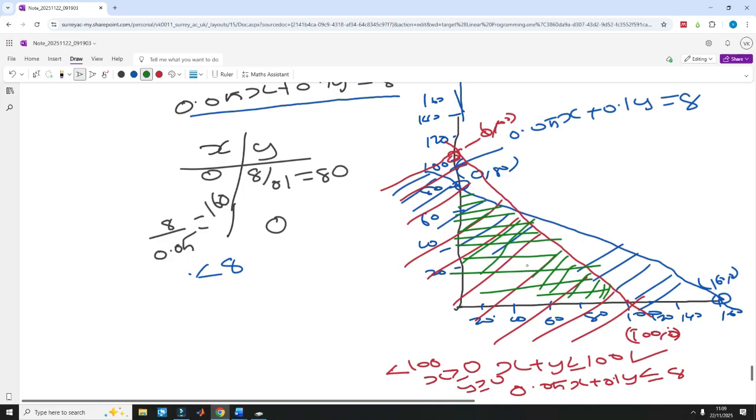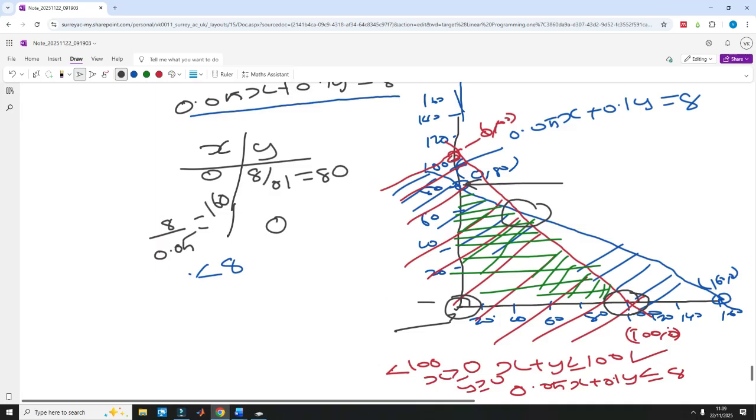So in the feasible region, now locate the corner points. So this is one corner point. This is another corner point, which is here. Another corner point is here, and another corner point is here. Follow the screen clearly. Yeah. So you have 4 corner points, isn't it? Let's write the corner points.